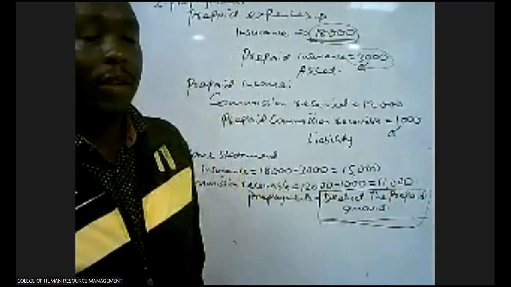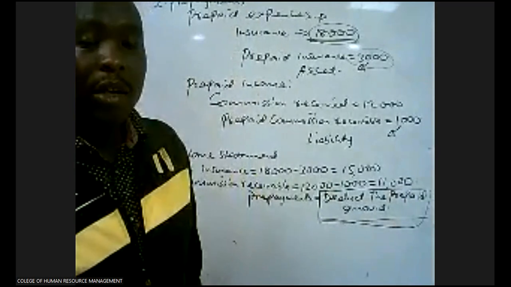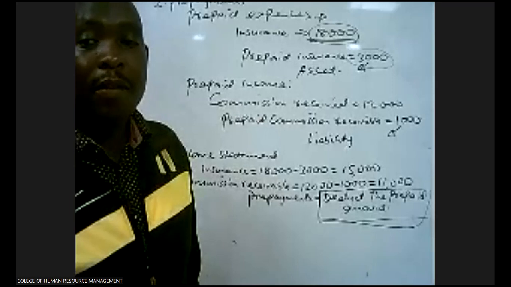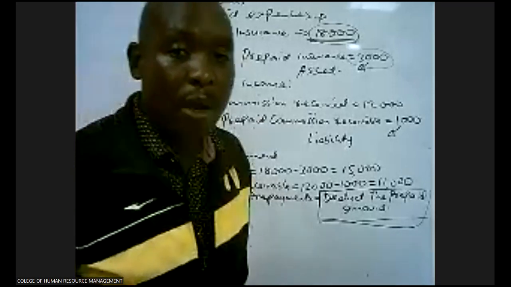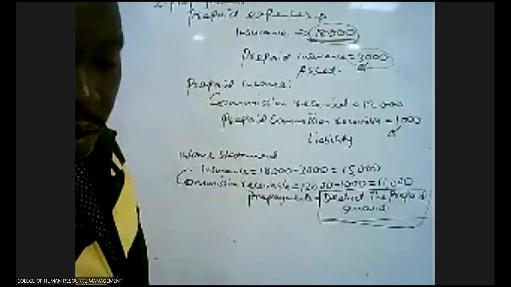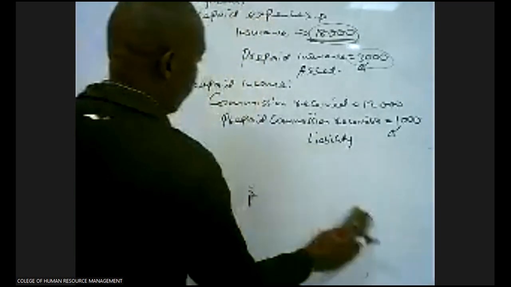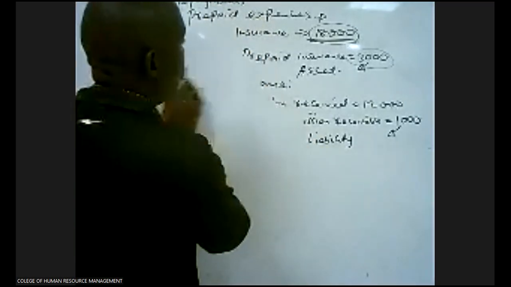That is very important. So that is the adjustment number 2 that we are going to come across. Another adjustment, which is now number 3, is about depreciation.